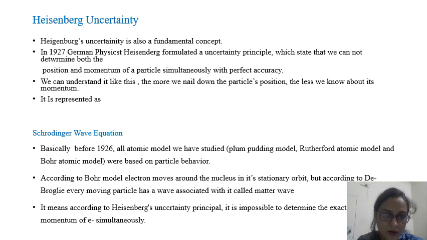According to the Bohr model, the electron moves around the nucleus in its stationary orbit, but according to De Broglie, every moving particle has a wave associated with it called a matter wave. It means, according to the Heisenberg uncertainty principle, it is impossible to determine the exact position and momentum of an electron simultaneously.